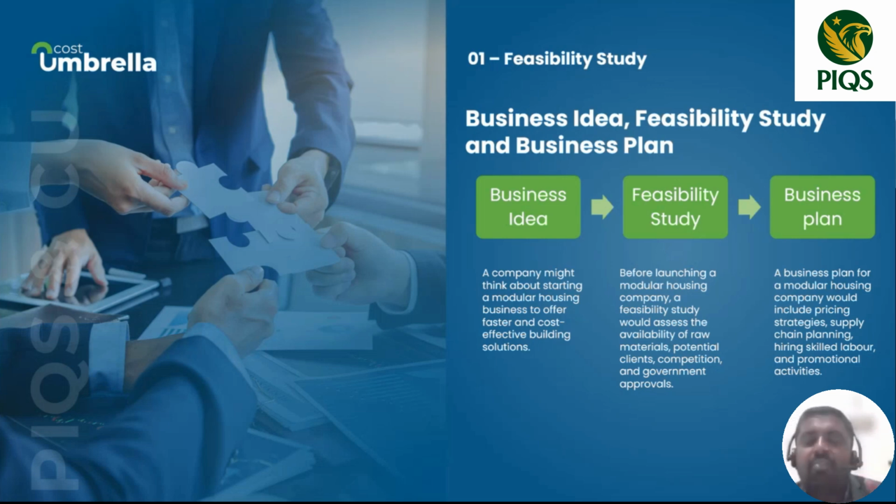How many business ideas have we discussed, but why couldn't we make it to the next level? Because either we haven't done the feasibility studies, or the feasibility study itself showed us that this cannot go further. Every single business idea should go through the feasibility study analysis before the implementation, or before making a proper plan for execution. Are we clear on this? Can we move to the next slide, please?